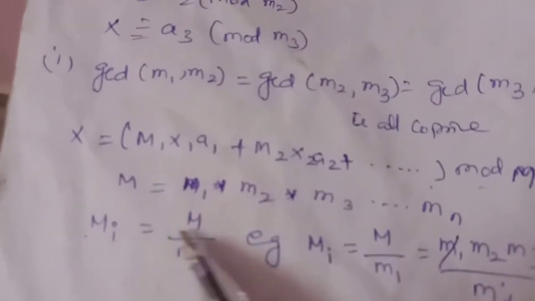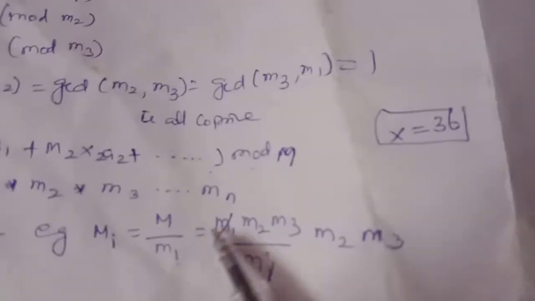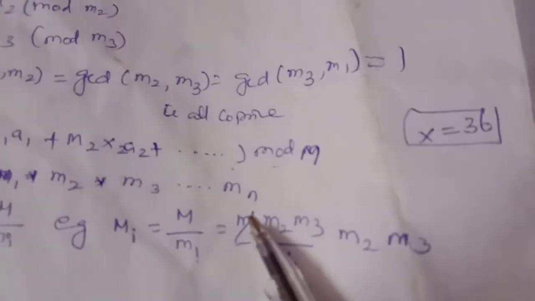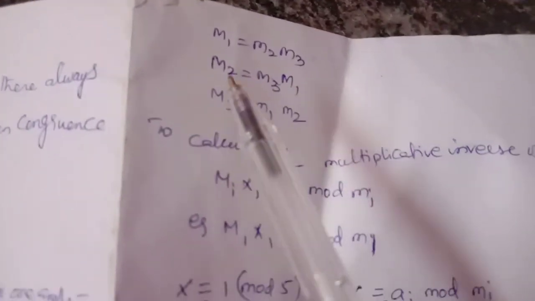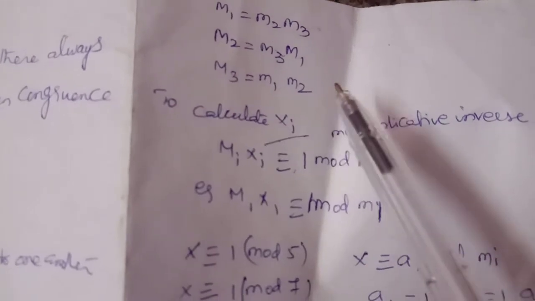For Mi equal to M divided by mi, for example M1 means capital M by m1. Capital M is m1 m2 m3, m1 will get cancelled, so you get m2 m3. Similarly, M1 equals m2 m3, M2 equals m3 m1 and M3 equals m1 m2.